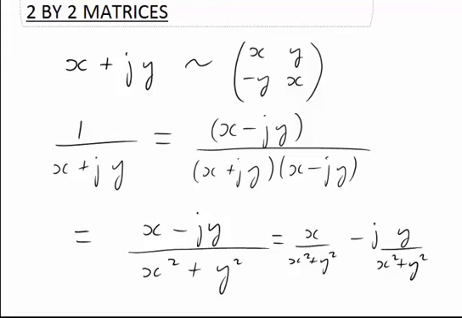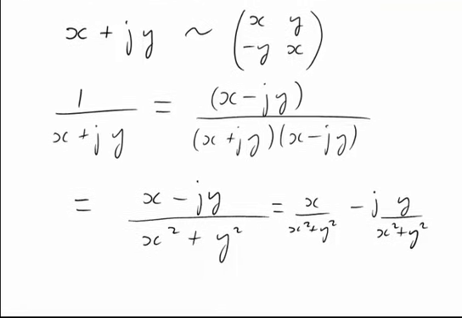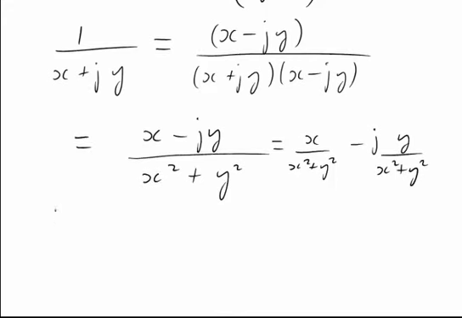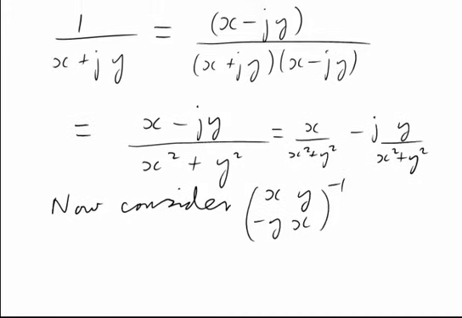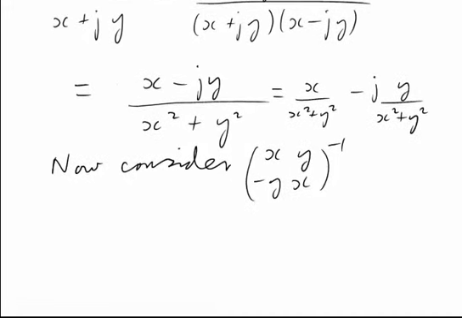1 over it. We don't normally write 1 over a matrix, but instead we write the inverse of the matrix. So let's have a look at now the inverse of our matrix x, y, minus y, x. Do you remember how to do a 2 by 2 inverse?